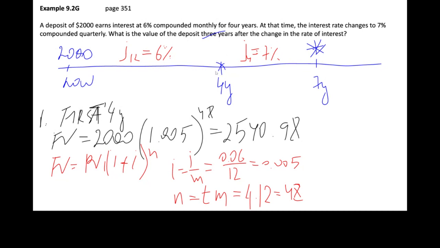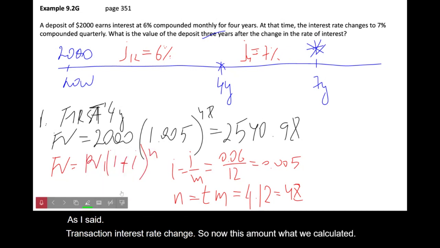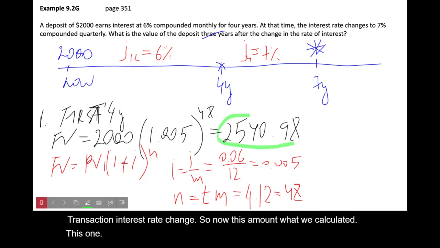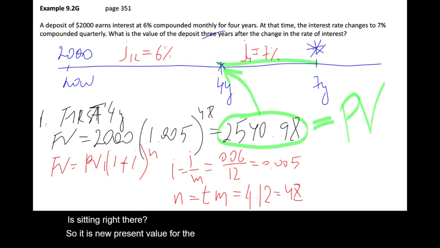Okay, so we're here at the point of 4 years. As I said, a transaction: the interest rate changes. So now this amount that we calculated is sitting right there. It is the new present value for the next 3-year interval.